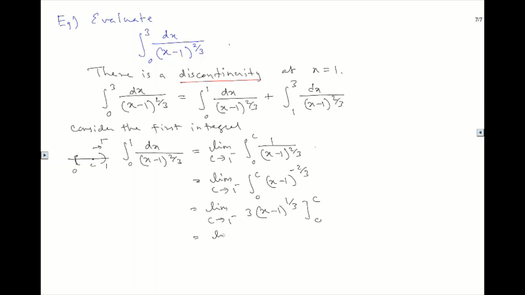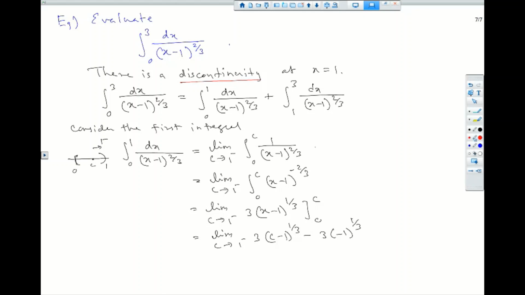If you plug in c, it is 3(c minus 1)^(1/3), minus, if you plug in 0, you get 3(negative 1)^(1/3). Negative 1 to the 1/3 means the cube root, and the cube root of negative 1 is negative 1.